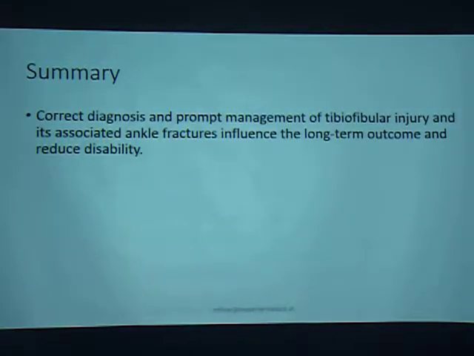Summary: correct diagnosis and correct management influence the long-term outcome. That's really what is most important. What you mentioned is that we have a high number of malreductions after syndesmotic screws. That means if you are in doubt, you should make a CT scan after the operation.